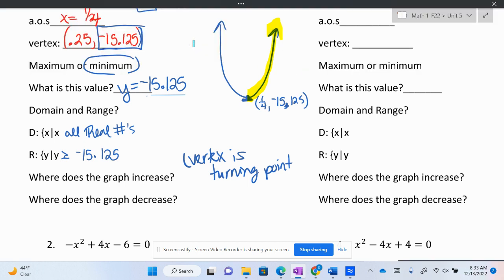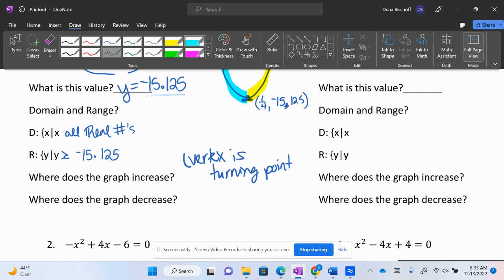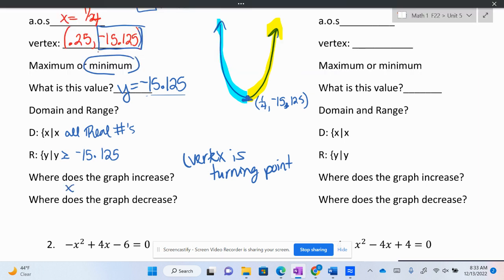And for all the numbers that are less than 1/4, it's decreasing. So when x is greater than 1/4, it's increasing. When x is less than 1/4, it's decreasing.